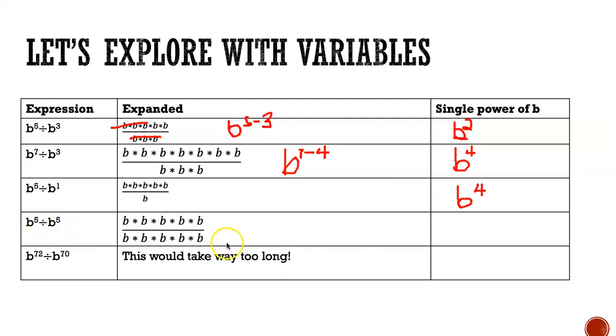And 5 minus 5, this is an interesting situation here. We have B to the 5 minus 5, which is equal to B to the 0 power. And we also said that these all divide out, so we end up with 1.